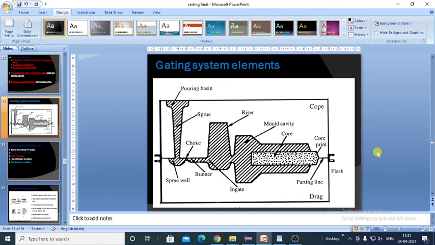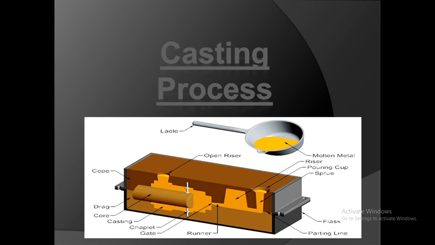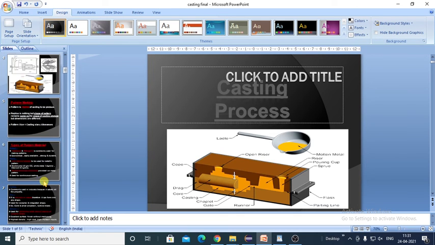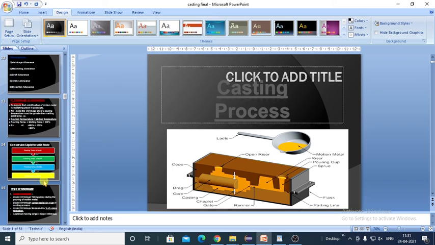Now the next element of the gating system is the riser. The function of the riser is to provide or feed the metal to the solidifying casting.